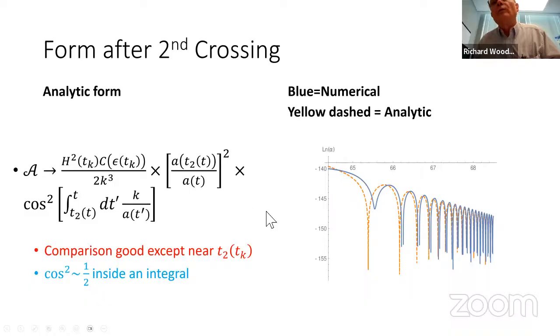Yellow is the analytic form given here, and blue is the exact numerical form. You can see that it's wonderfully good over here. A little bit of a problem at the beginning because this is the WKB approximation, and you all know that that goes bad right when the frequency passes through 0. But you could improve that if you wanted to. I don't even think it's important to do it.